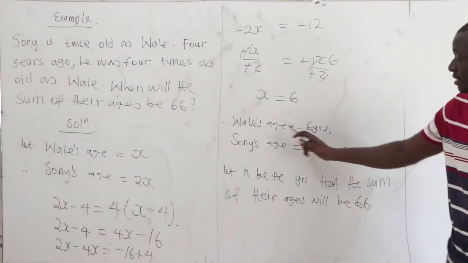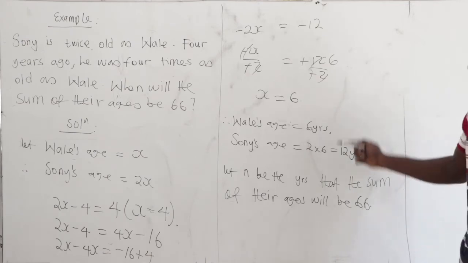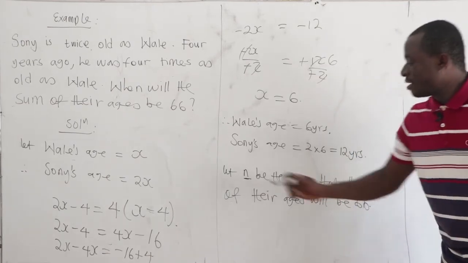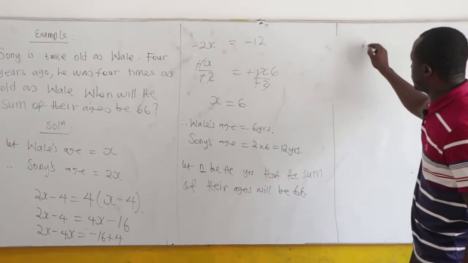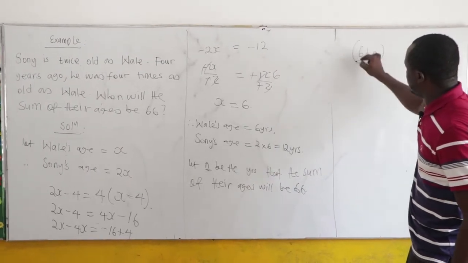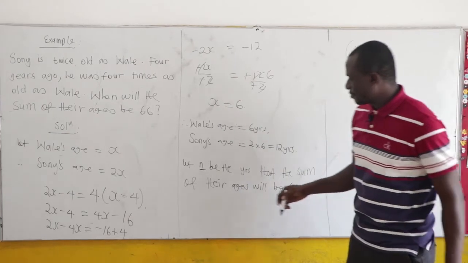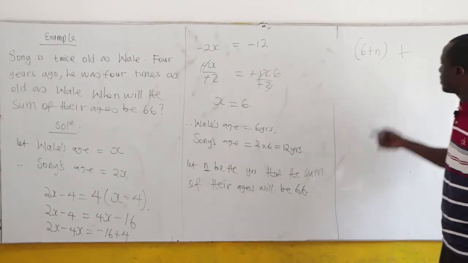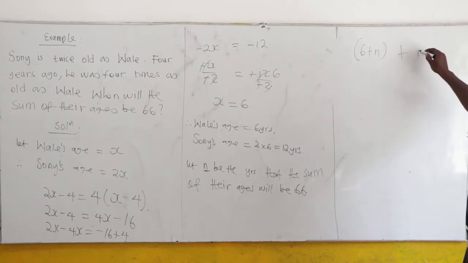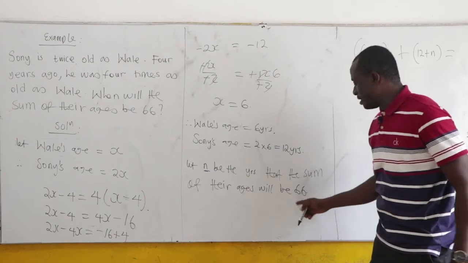Now, Wally's age now is 6. So in n years, Wally will be 6 plus n. Sonny's age now is 12. So in n years, Sonny's age will be 12 plus n. Then we are being told that when you add their ages, it is equal to 66.